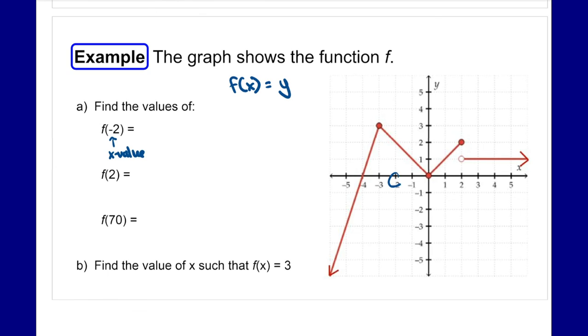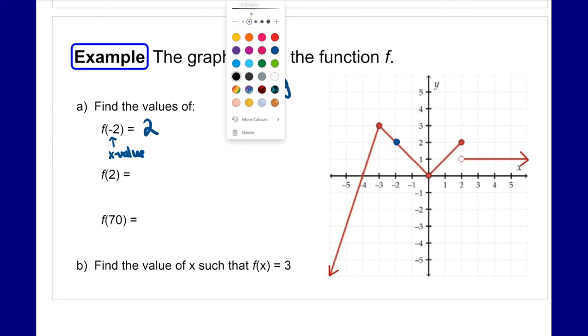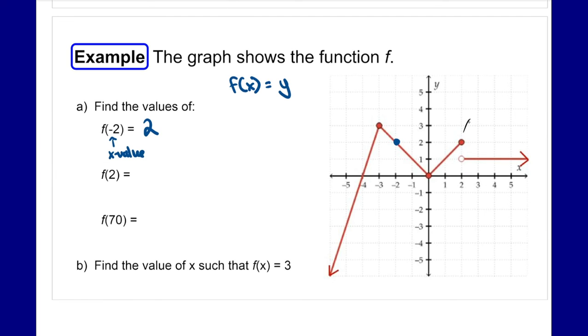Well, let's go to -2. So we go over, x is -2. If we go up, we see that our line is 2. What about f at 2? So again, 2 is the x value. We go over to 2. Ooh, we see a couple things here. Hopefully we remember from the previous lesson, when we have a filled in circle, the function exists at that point.